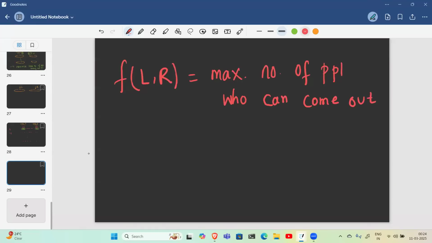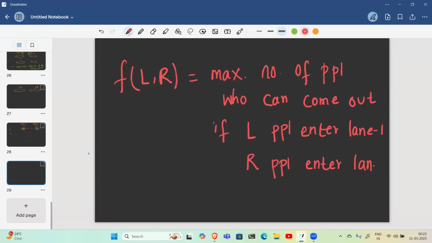If L people enter lane 1 and R people enter lane 2. Okay, so suppose this is the function.